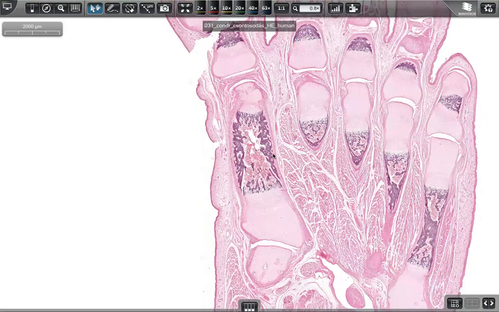So the intramembranous starts with the mesenchymal cells carried by the bloodstream. Mesenchymal cells differentiate into osteoprogenitor cells, and those differentiate into osteoblasts, just laying down the osteoid, forming an island of bone. That's the intramembranous.